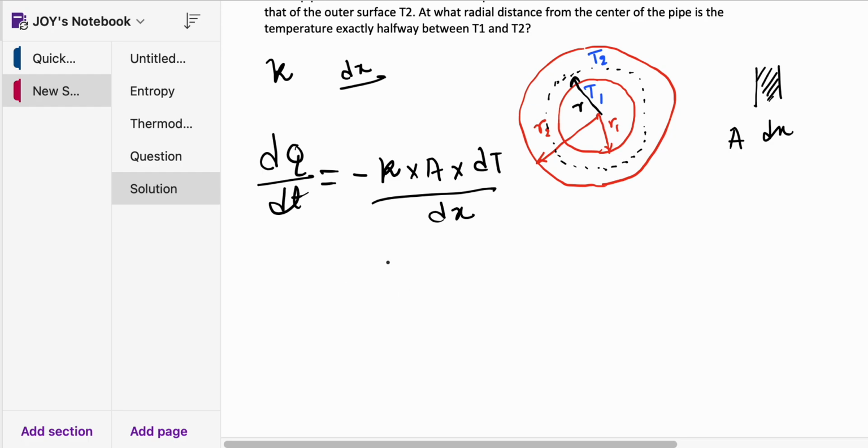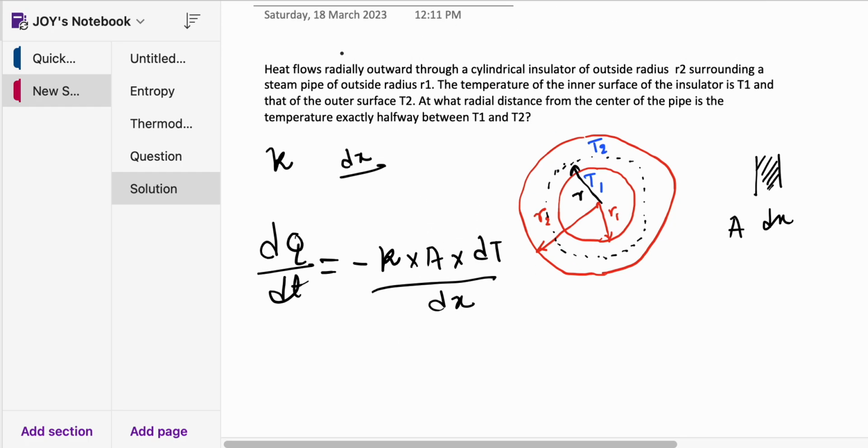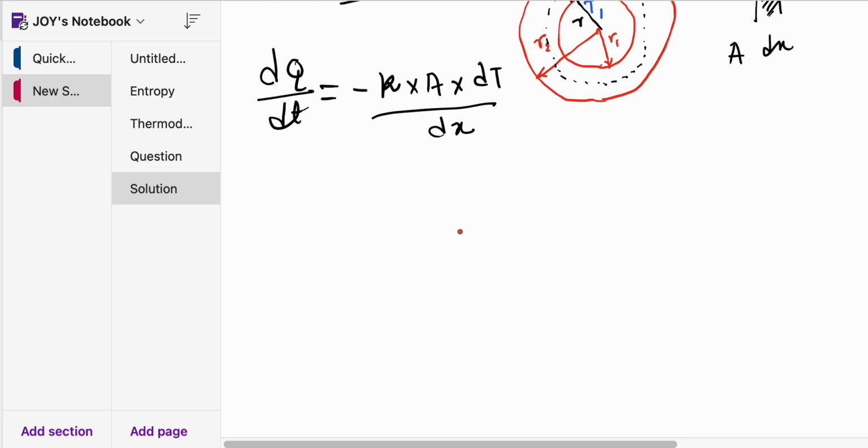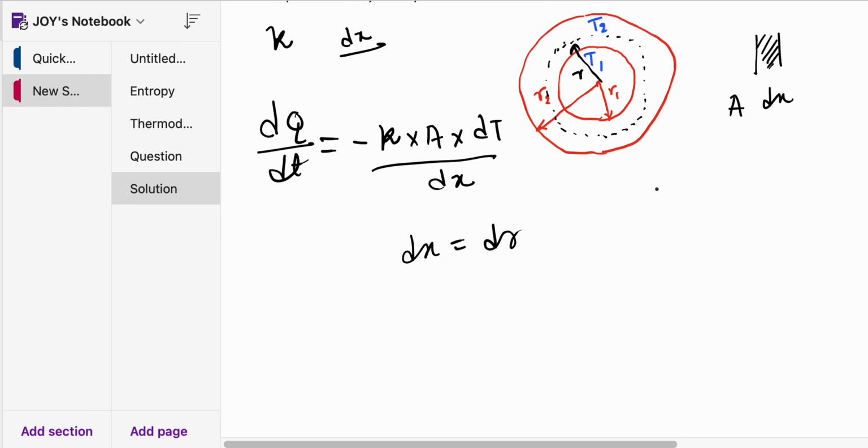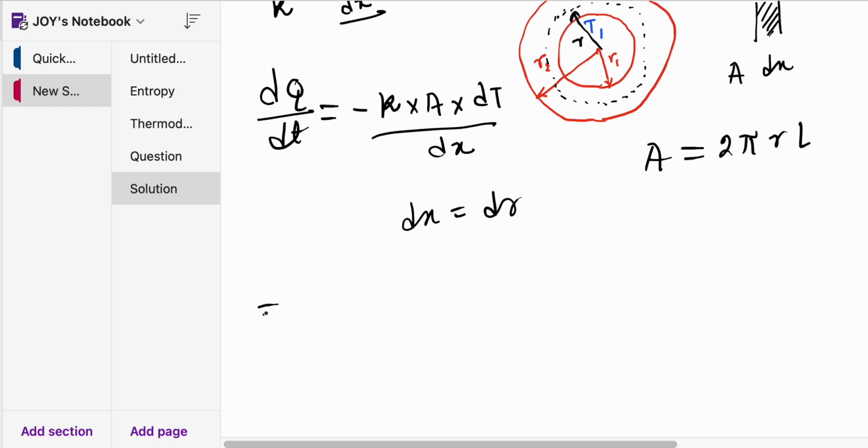Now, as the question says, the heat flows radially outward, so dx is nothing but dr, and A is 2 pi r L. So putting it here, Q dot, which is dQ/dt, equals minus K into 2 pi r L into dT/dr.